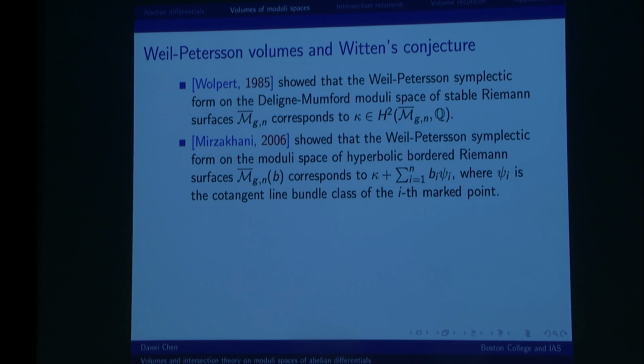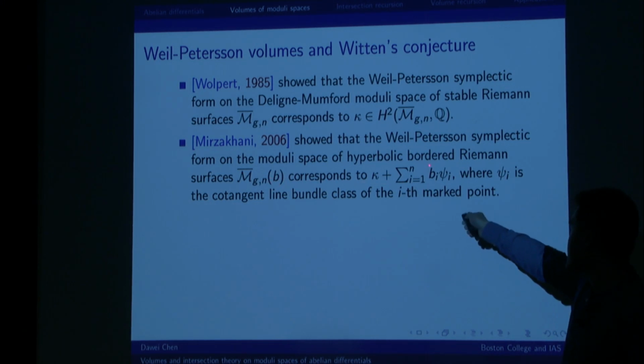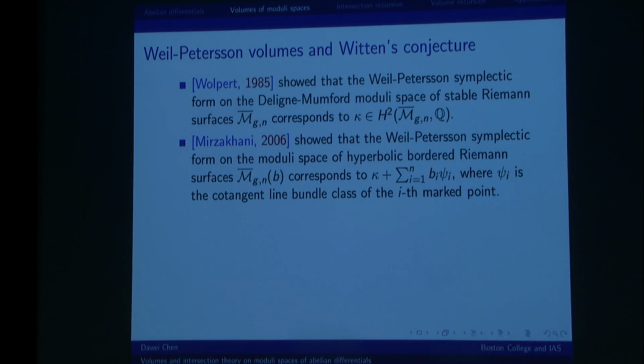But Mirzakhani considered, okay, let's open up these n markings and consider the Riemann surface equipped with a hyperbolic metric. So we require the n opened up boundary components to be geodesics under the hyperbolic metric, and require them to have specified geodesic lengths given by this b, which is a sequence of n non-negative real numbers corresponding to the lengths of these n boundary components.